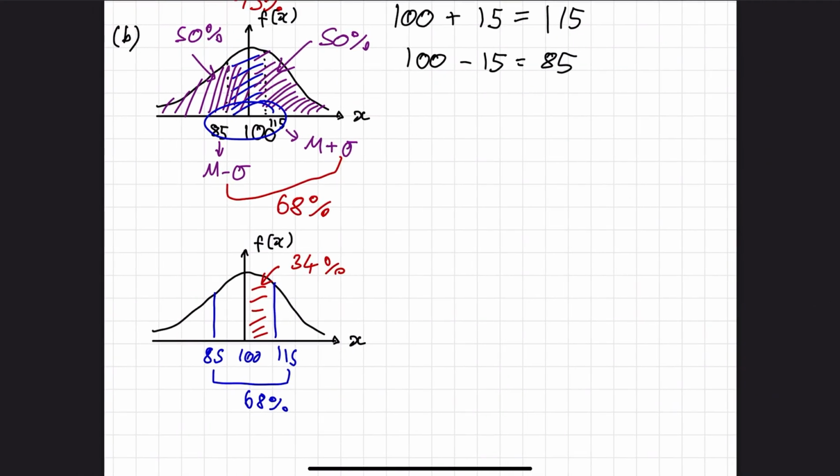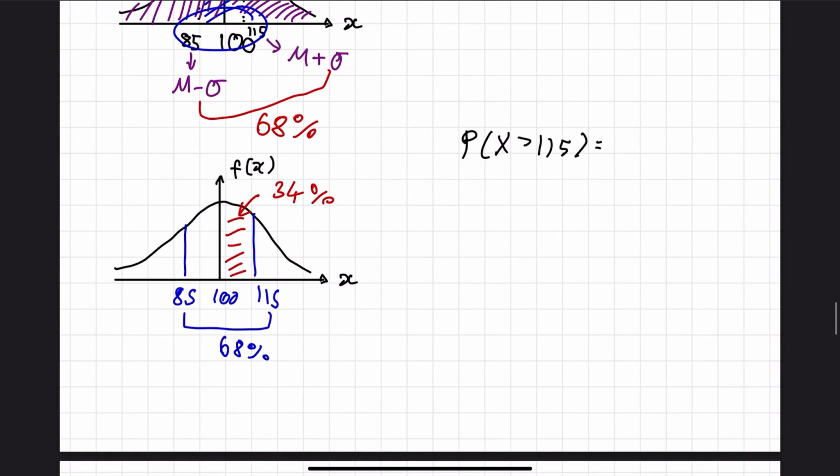So to find the probability that X is greater than 115, I know two things. I know that this half of the data is 50% because it's the other half of the mean, so this part is 50%.